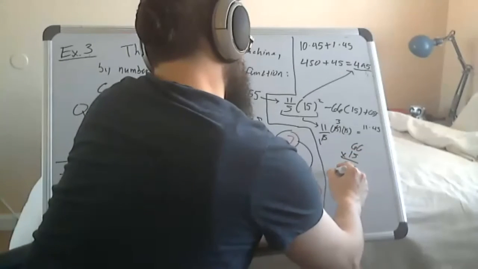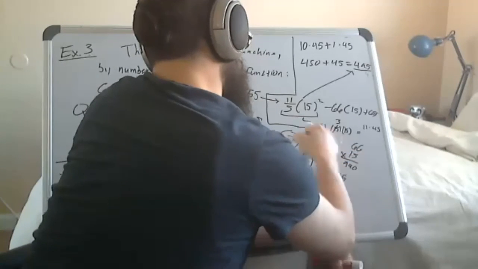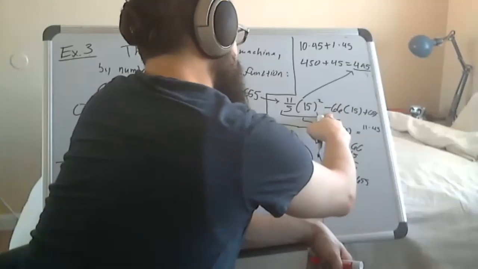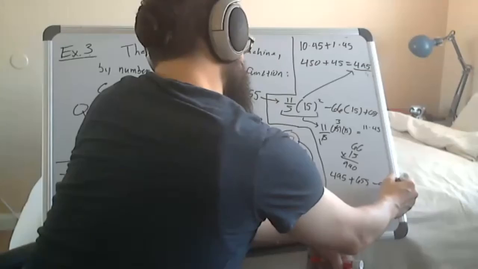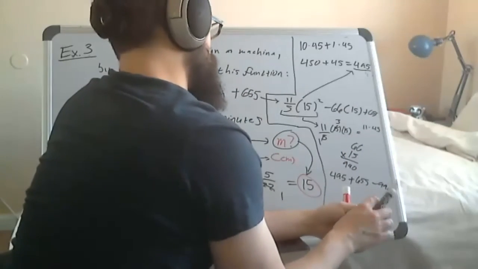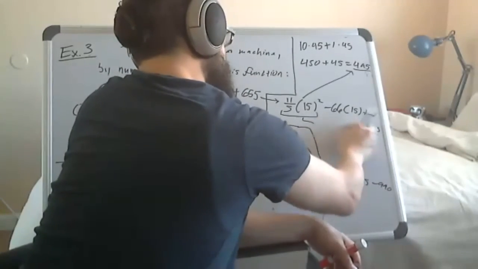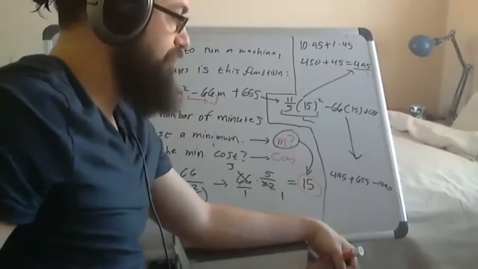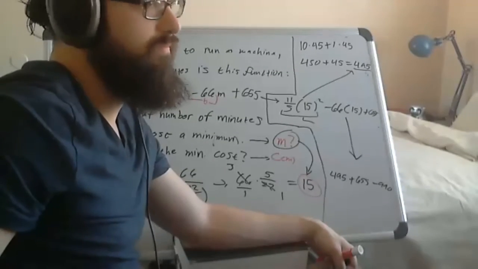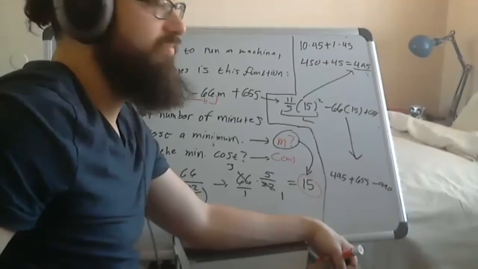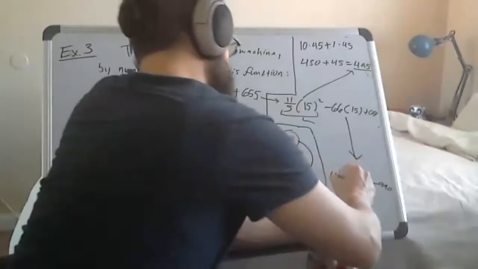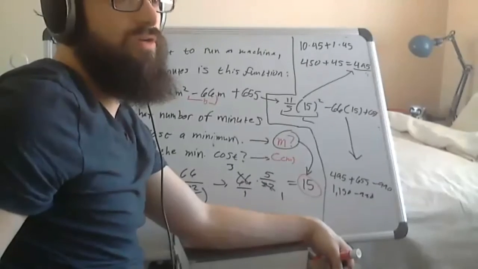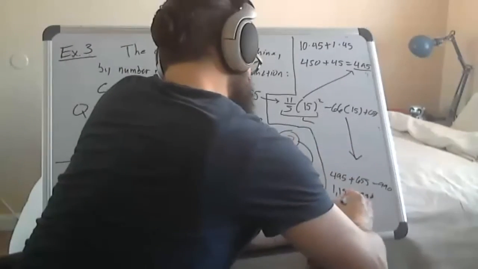So 495 plus 655 minus this big guy, which is 990. Okay. Now, 495 plus 655 is 1150, minus 990. When we subtract this 990, we get 160.